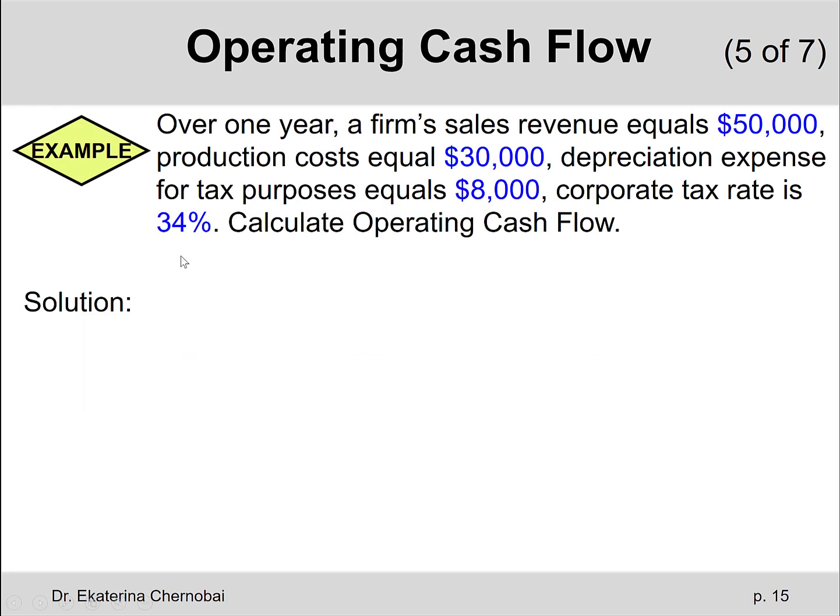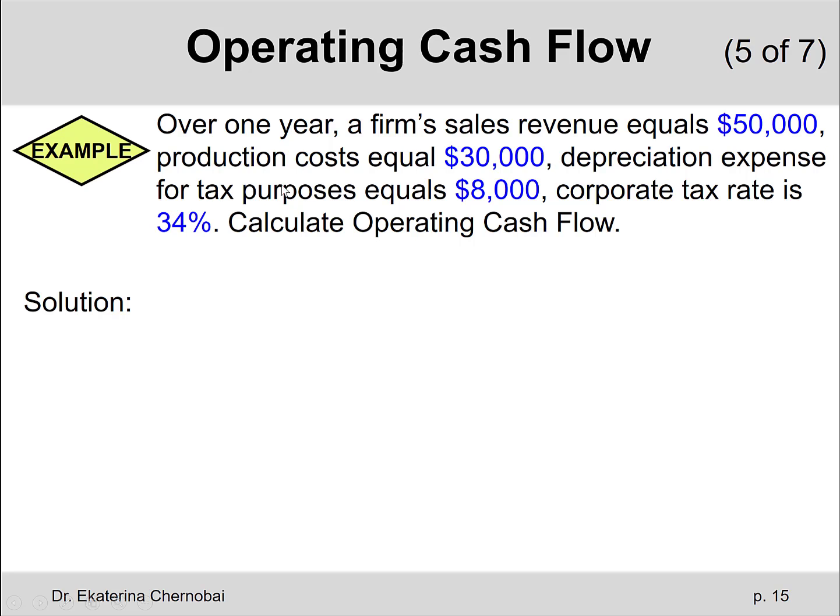Let's look at the following example. Let's say we are considering a new investment project, right? And we are now interested in calculating the operating cash flow for the first year of this project. Here's what we know about the first year. Over 1 year, a firm's sales revenue is expected to equal $50,000. Production costs would equal $30,000.